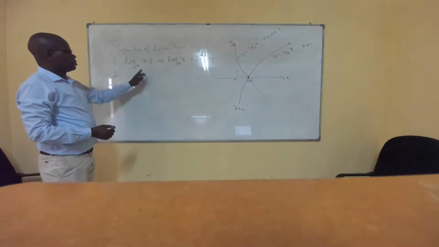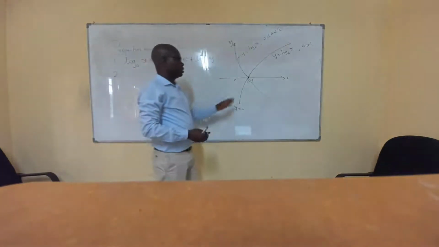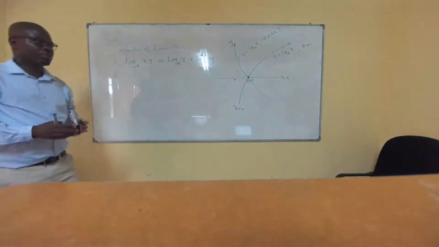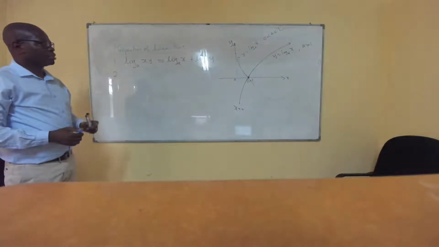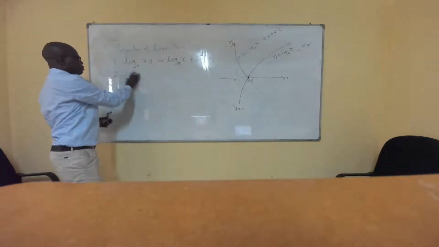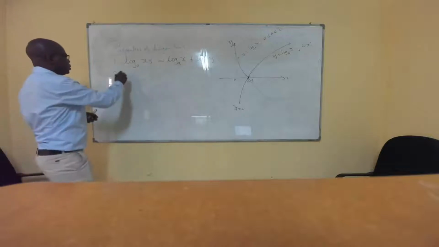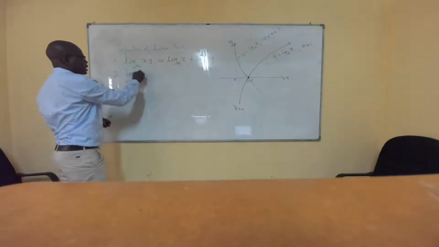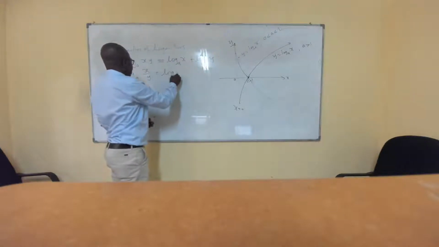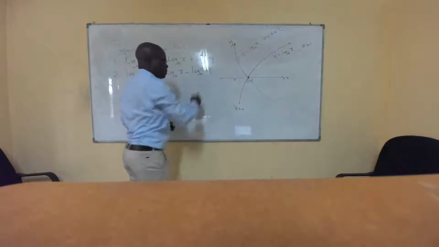So this product is assumed to be positive. It cannot be zero. And then log to base a of x over y would be log to base a of x minus log to base a of y.